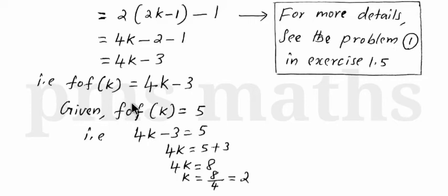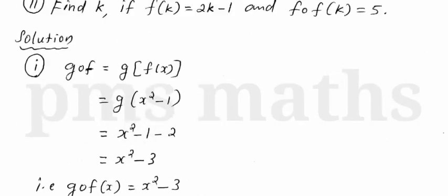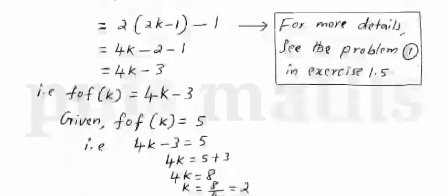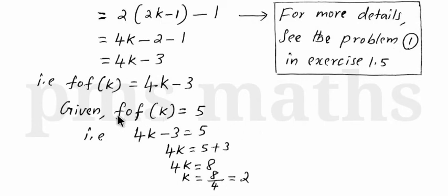Given in second question, f of k is equal to 5 is given. That equation can be taken here. F of k is equal to 5. Then substitute the value of f of k, which is nothing but 4k minus 3.